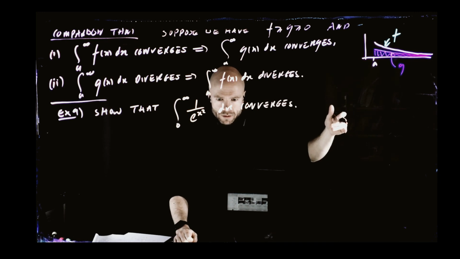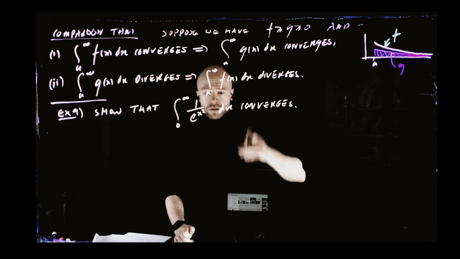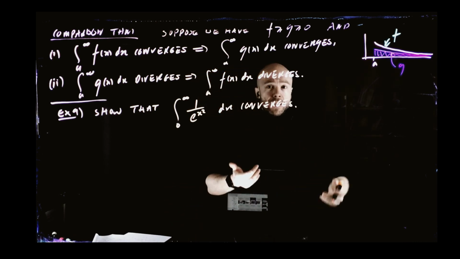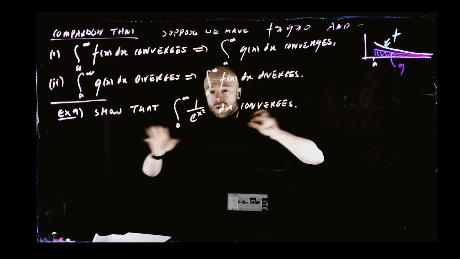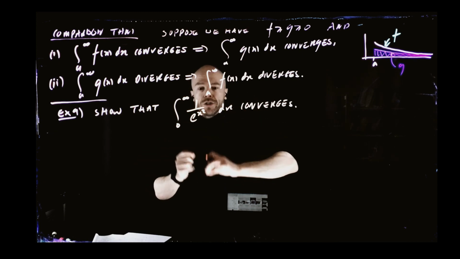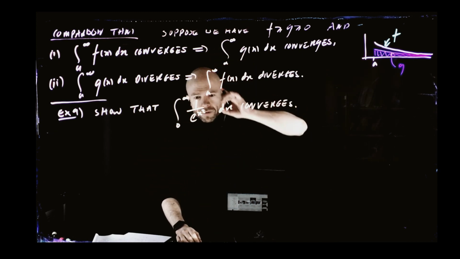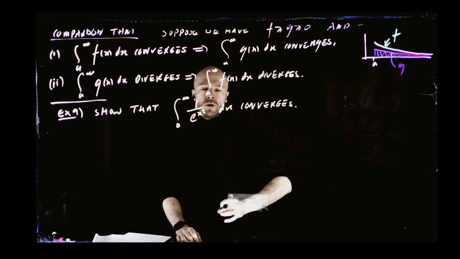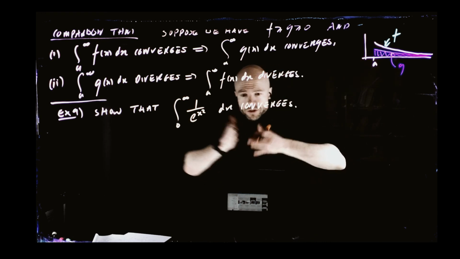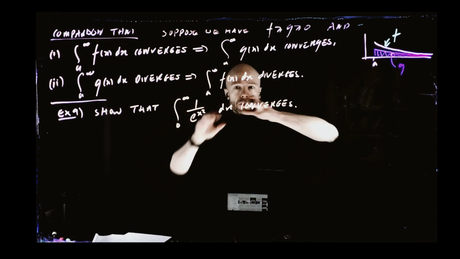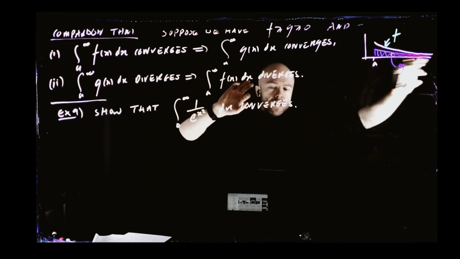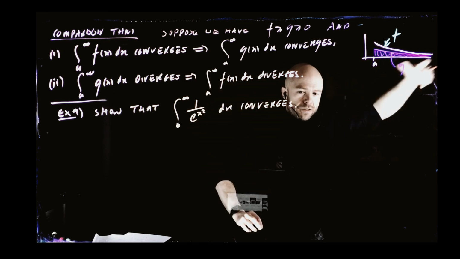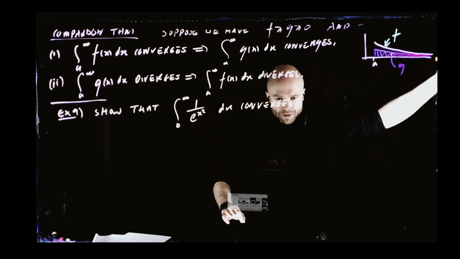You see what I mean? So we do indeed expect it to converge. And using this principle here, all we'd need to do is to find a function that lives above it that does converge. Convergence just cares about whether or not this integral is finite as the limit goes to infinity for a type 1, right?